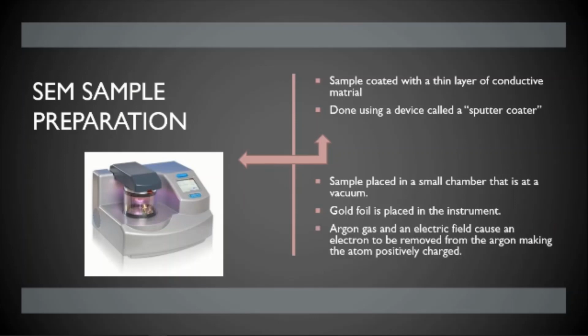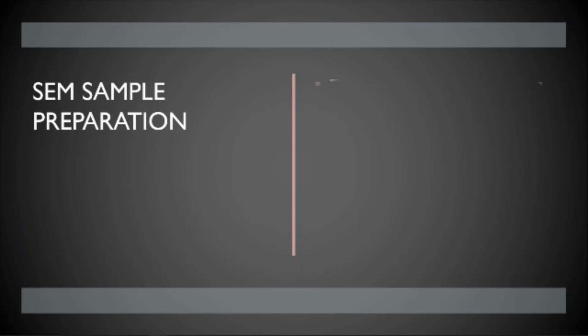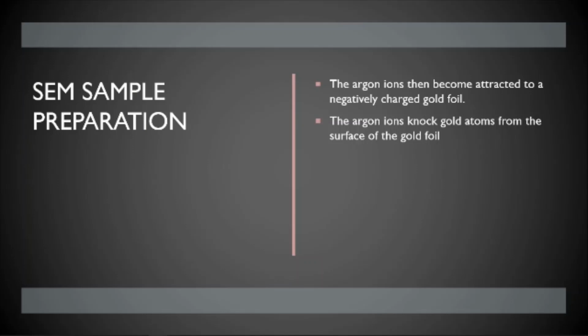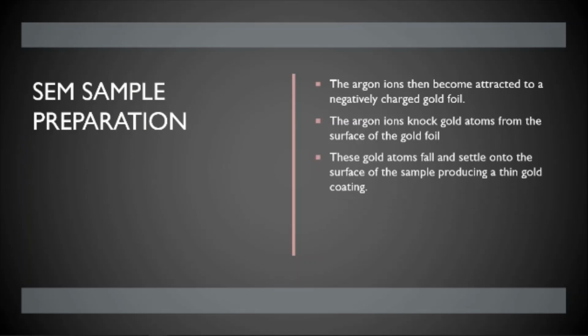Argon gas and an electric field cause an electron to be removed from the argon, making the atom positively charged. The argon ions then become attracted to the negatively charged gold foil. The argon ions knock gold atoms from the surface of the gold foil. These gold atoms fall and settle onto the surface of the sample, producing a thin gold coating. For example, a spider coated in gold.